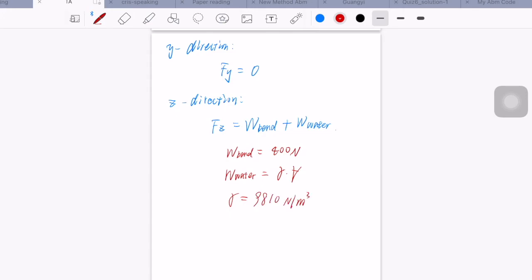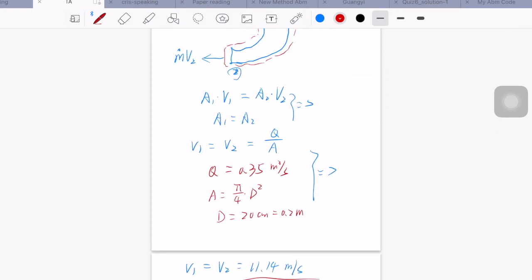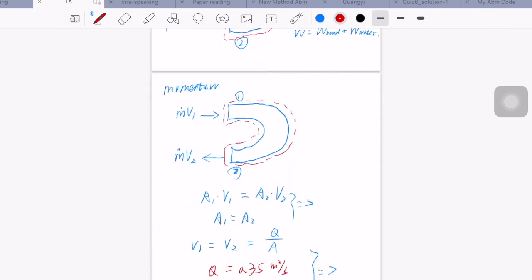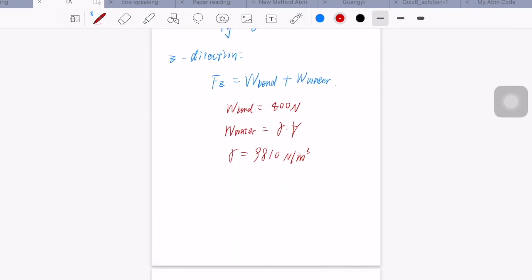And from the problem, we know the bend volume is 0.1 cubic meters. So we can determine that Fz should be equal to 1.381 kilonewton.